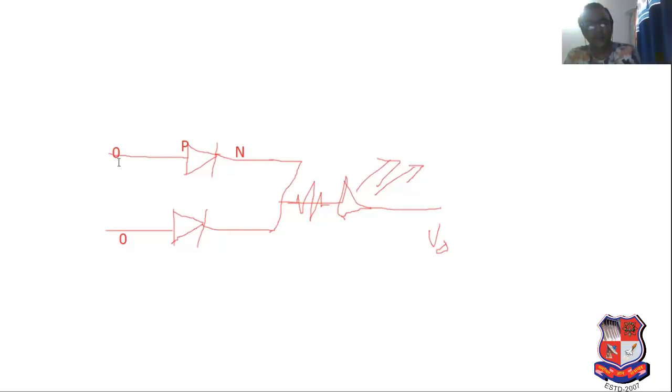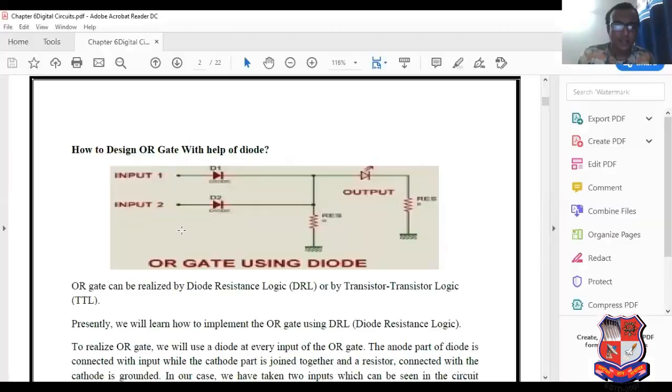Why? Because 0 is applied, the diode acts as reverse bias, so it can be considered as an open circuit. So the diode cannot be turned on. So 0 input, output is 0.